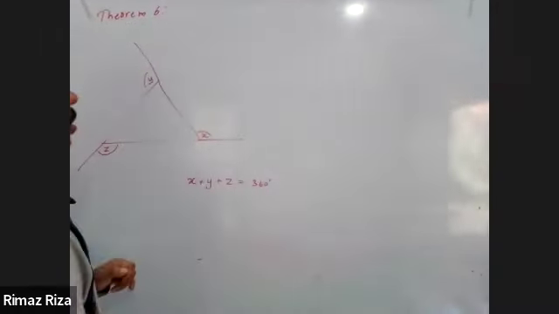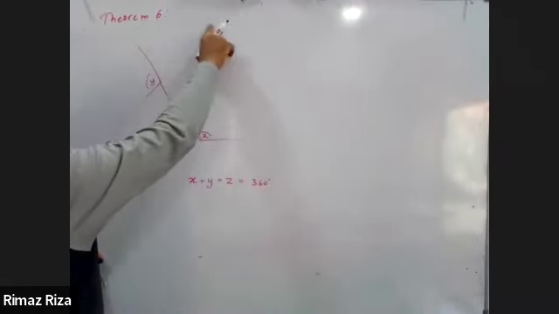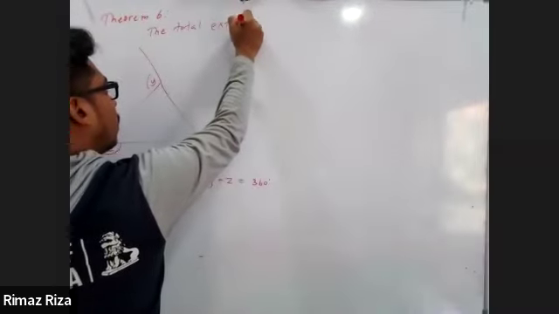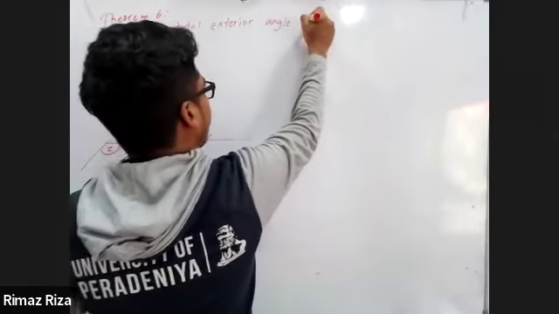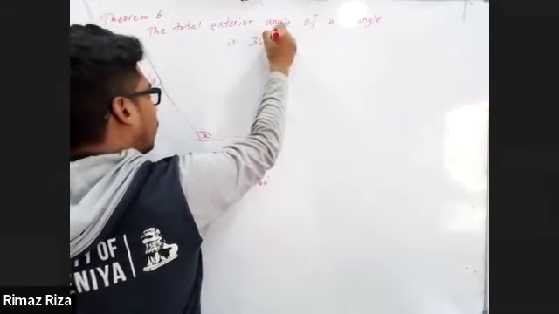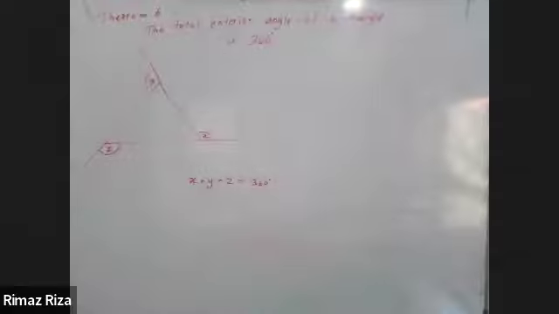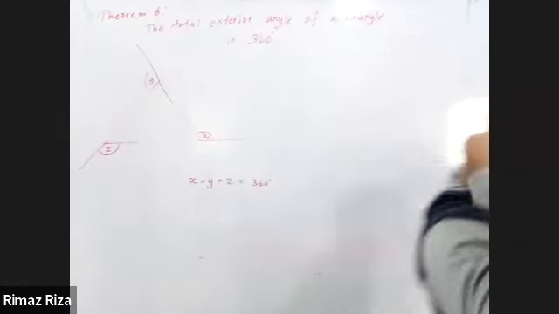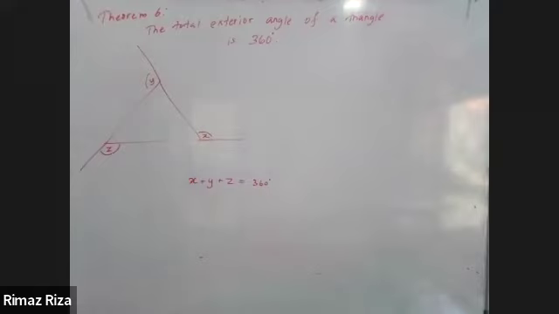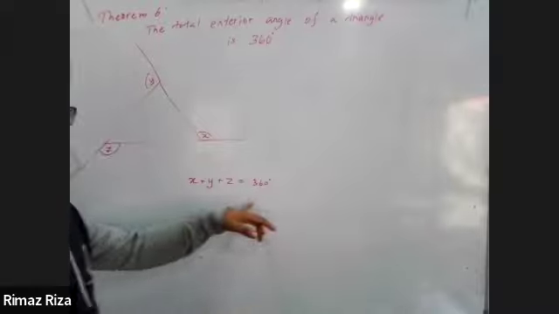So write down the theorem. The sum of the total exterior angles of a triangle is 360 degrees. So draw this and write x plus y plus z is equal to 360.